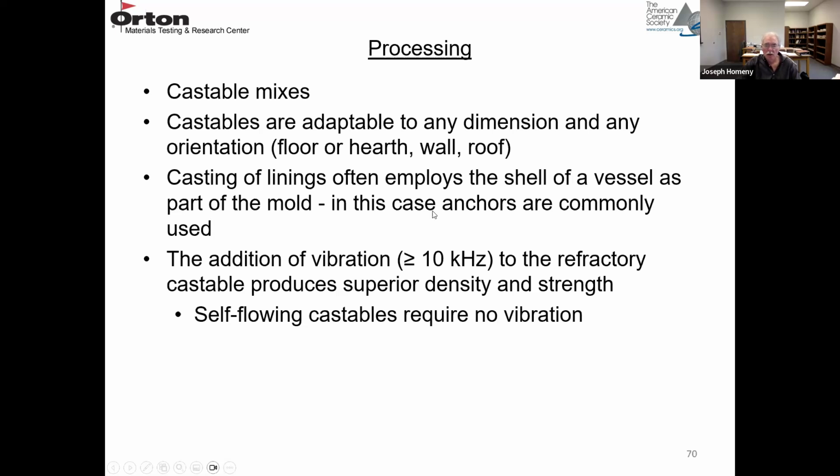Metal anchors are commonly used to secure the castable to the wall or the roof. And they're usually vibrated. That produces better density, which decreases the porosity and increases the strength. If you adjust the particle size distribution properly, you may not need vibration.